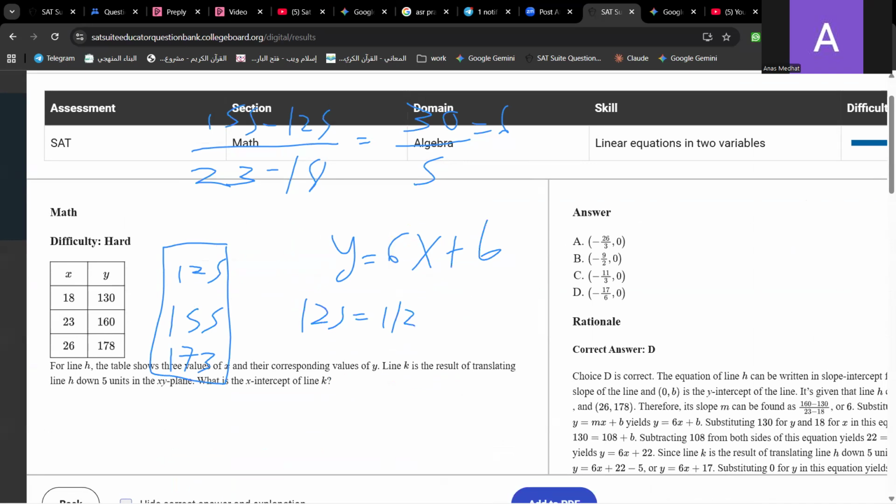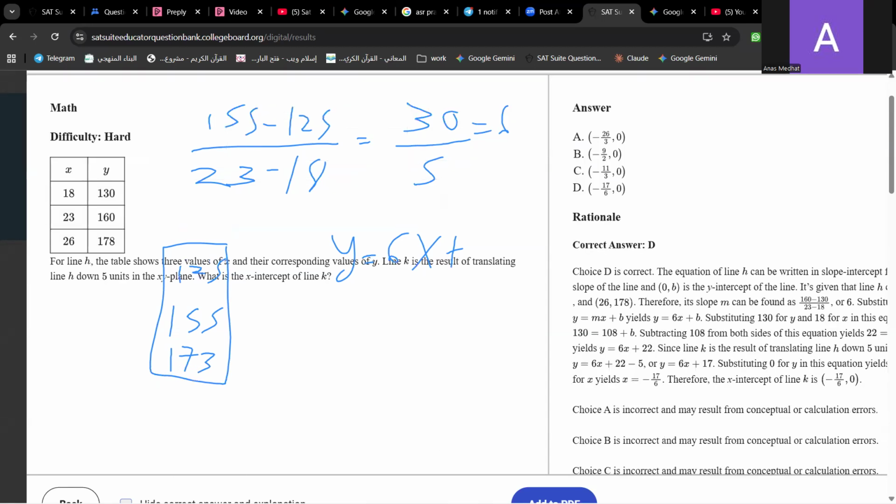Now let me calculate what 6 times 18 is. 108, sorry, not 112. 108. Okay, so b will be 17. It will be negative 17 over 6. So the answer is D.